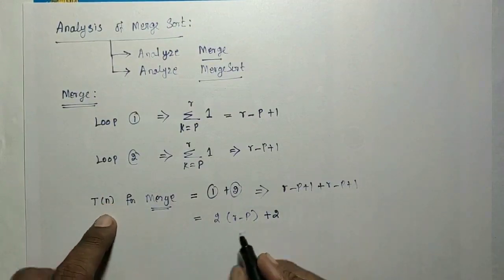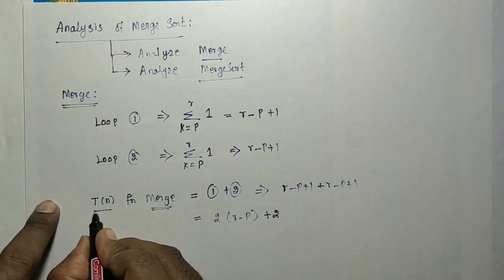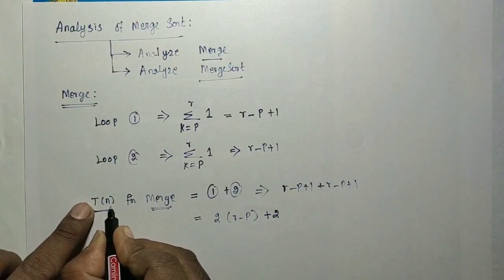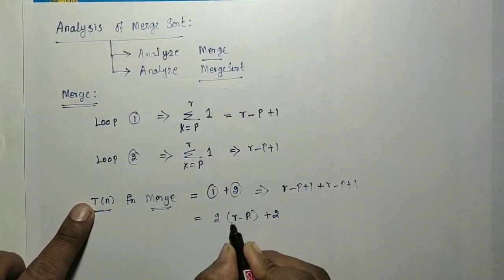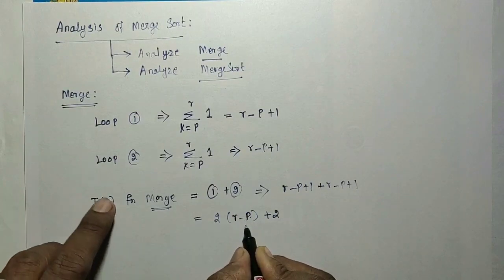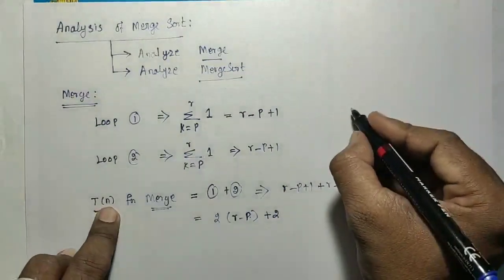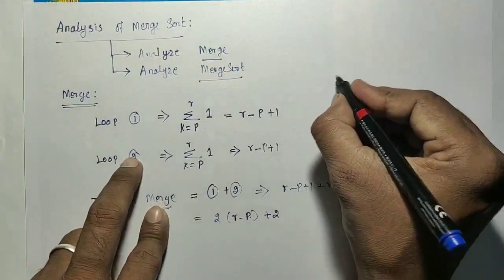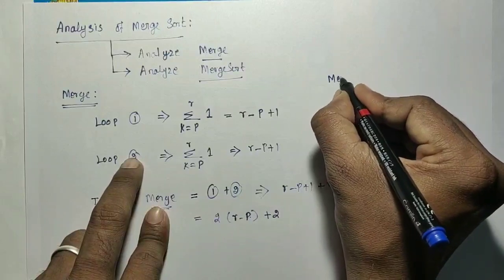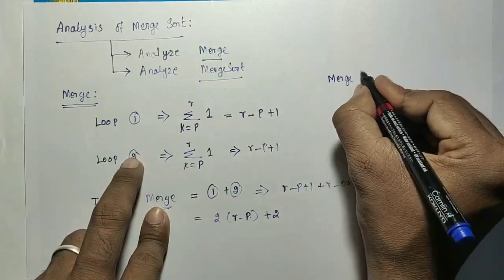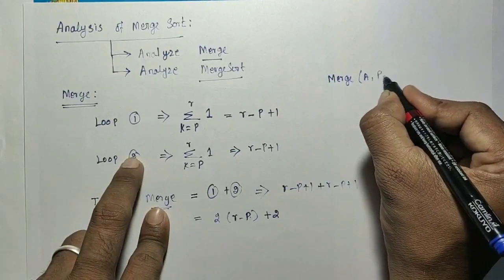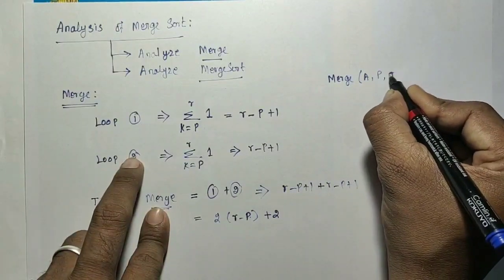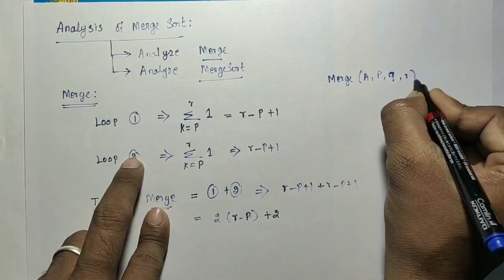Now I want to represent the time complexity in terms of n, the number of elements, but here we have r and p, so I need to represent r and p in terms of n. Actually, we have to call the merge algorithm as merge of a, p, q and then r.